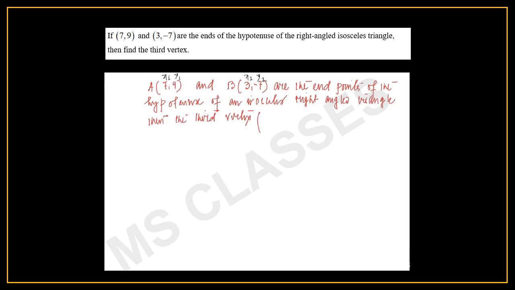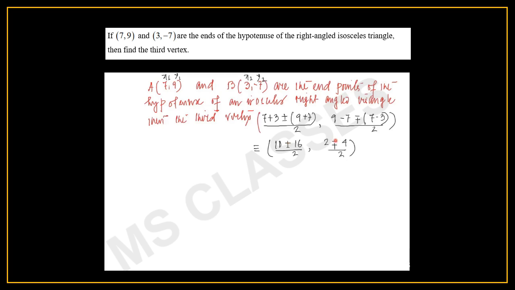So as per the formula, it is 7 plus 3 plus minus 9 minus of minus 7. So it is ultimately plus 7, whole by 2, comma, that is the abscissa, and the ordinate will be given by 9 minus 7 minus plus 7 minus 3 by 2. So from this, we get 10 plus minus 16 by 2, comma, 2 minus plus 4 by 2. Now, when we take plus from here for the abscissa, for the corresponding ordinate we will take minus.